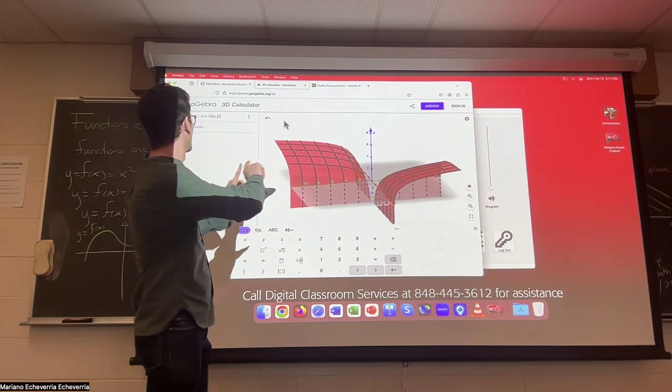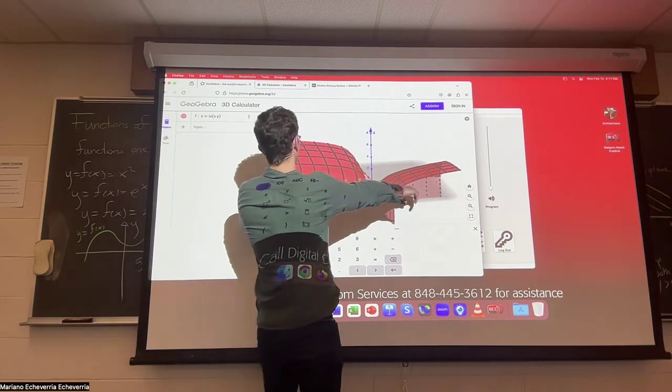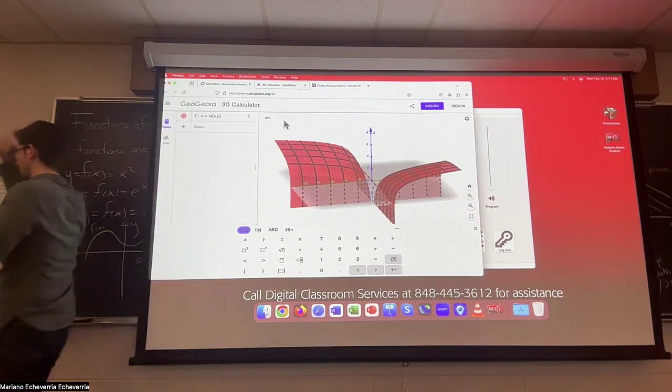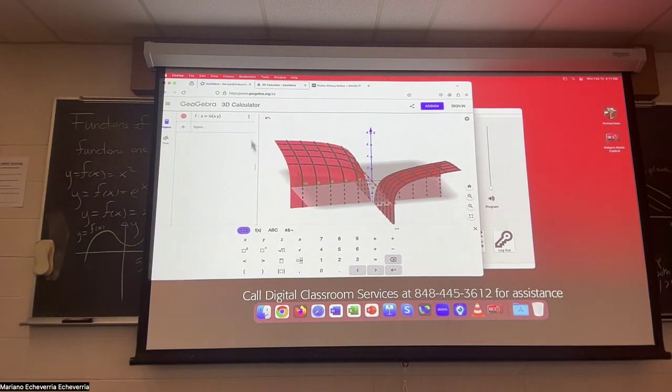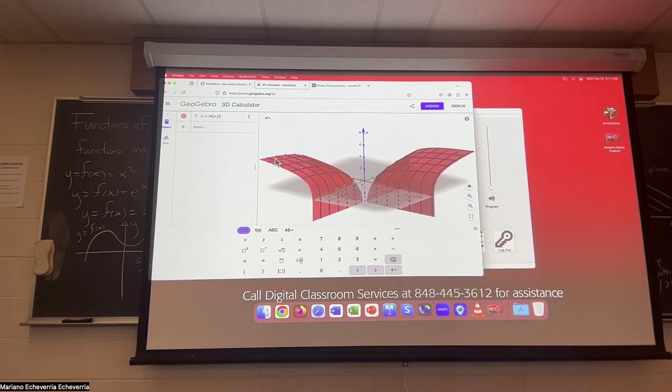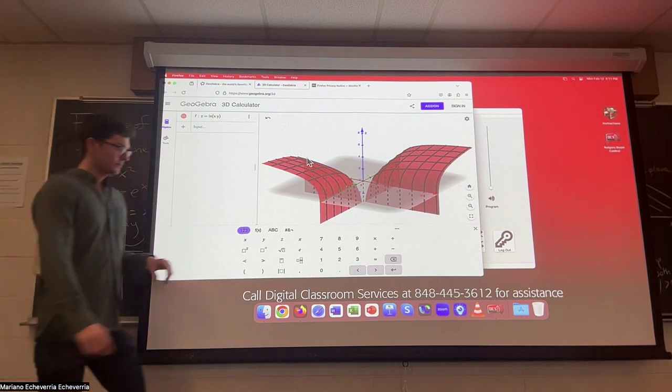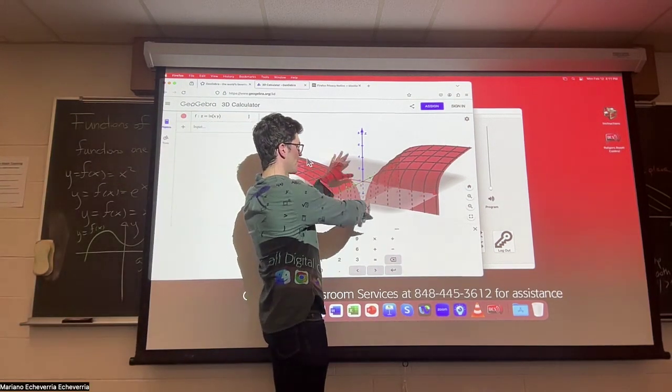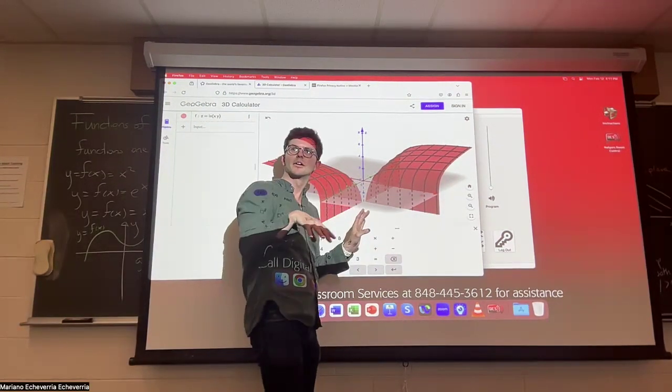So the domain here is the first and third quadrant, and the graph is above the domain in a sense. Now the second and fourth quadrants are excluded.